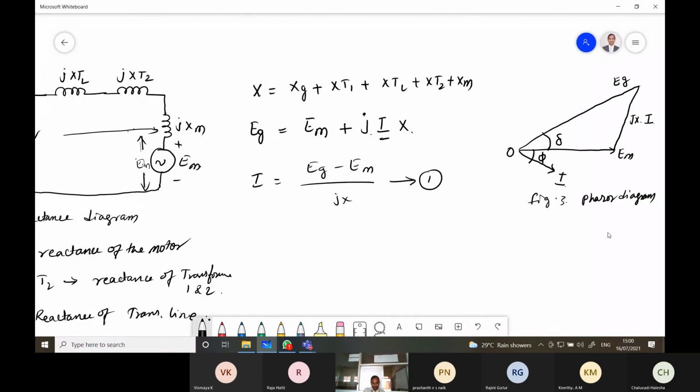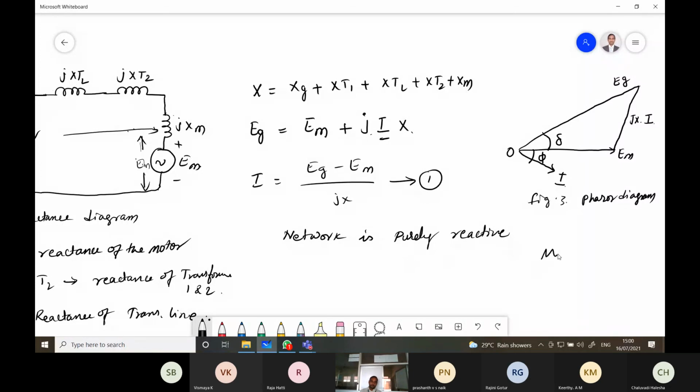Okay, are you following? Yes, sir. So the network is purely reactive, right? Because it consists of only reactances, no resistance part is there. So resistance is neglected here. Therefore, if it is all reactive, losses will be zero, right?